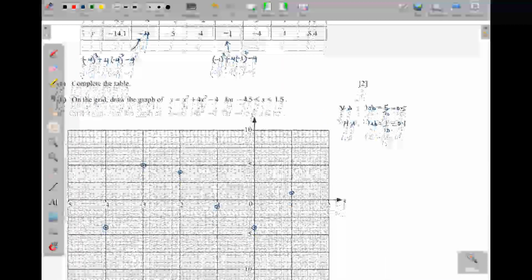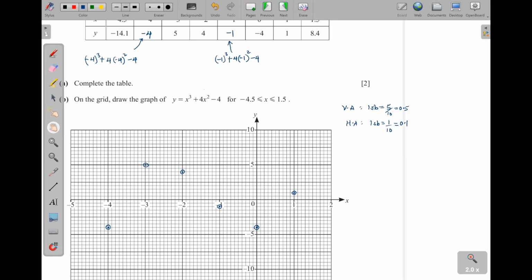Then 1.5, 8.4. This one is 1.5. This is 1, 2, 3, 4, 5, and 8. This is 5, 6, 7, 8. Then 9 is here. So 0.5 is around here. So we shall put this one just around there before the 8.5.